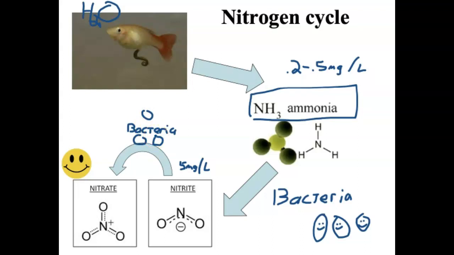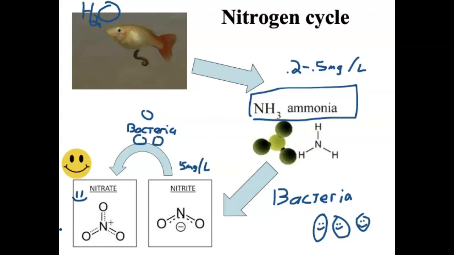They will take nitrite and break it down to nitrate. Now nitrate, I don't have to worry about that. That's not toxic to my fish. It's non-toxic. So if I have those two bacterial populations in my fish tank, in my pond, in my lake, in my river, in my ocean, I'm going to take this waste product and convert it all the way down to nitrate.